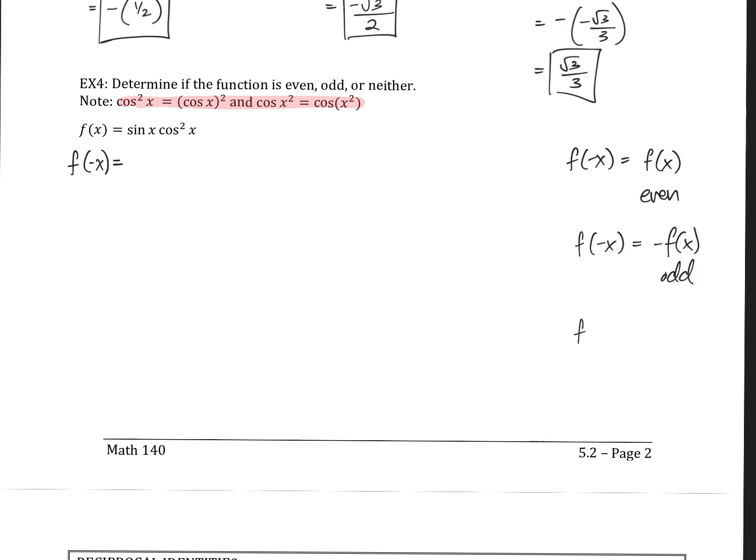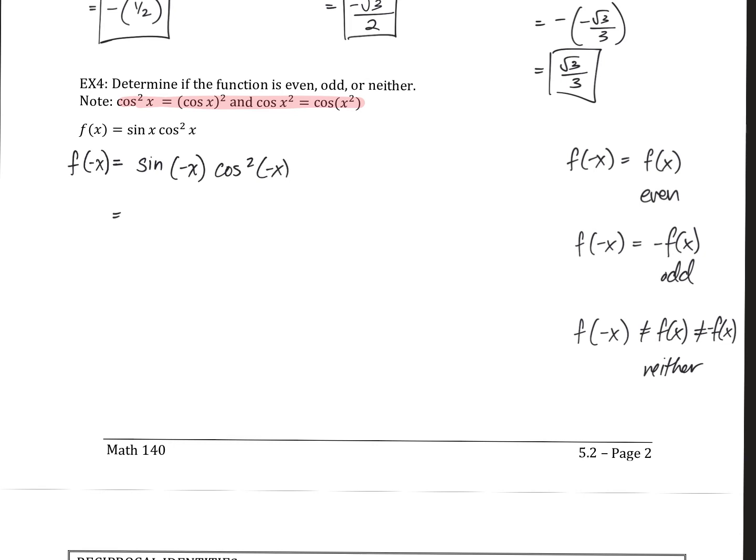If, when we input negative x, we don't get the opposite of f of x or f of x itself, it is considered neither. So if it's not exactly the opposite and it's not the exact same thing, it's considered neither. Let's go ahead with the testing. So we're inputting that negative x, so we have sine of negative x, cosine squared of negative x.